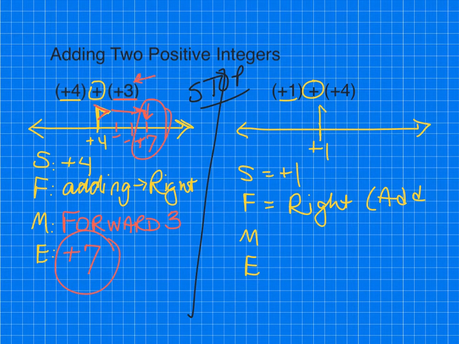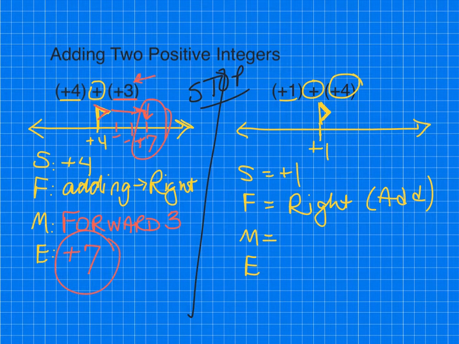So I'm going to draw this arrow. And while we're doing these today, and the next few days when we're only adding, we'll always be facing to the right. Don't get too used to that because that will change when we start subtracting. Okay, now the next thing we're going to talk about is where we're going to be moving.